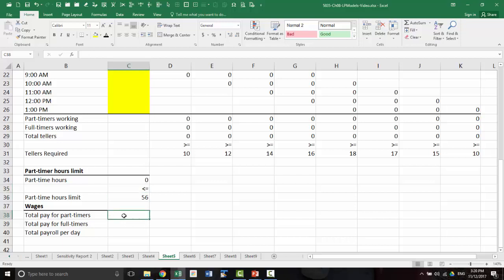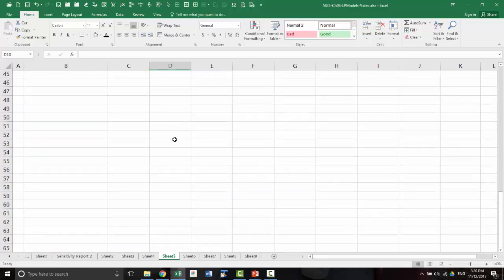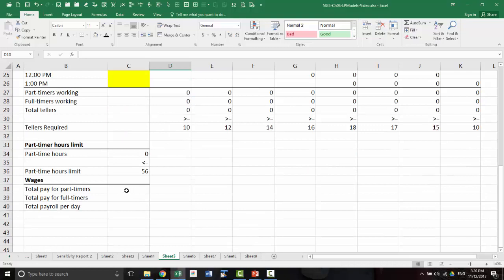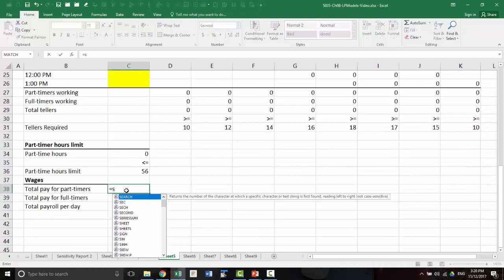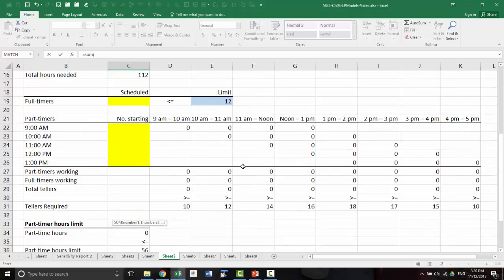Now total pay: part-timers are paid $32 per day. Actually, this is a calculated cell, so that should not have a blue background. So sum of these. You don't sum the number of part-timers working in each hour, because that's not who's getting paid.